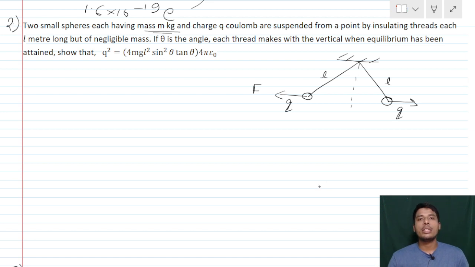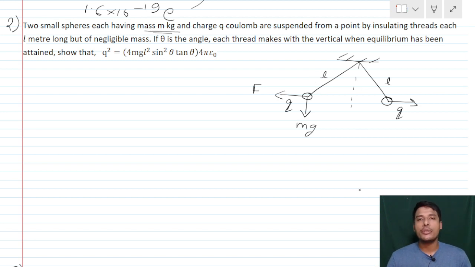So we know that if this sphere has a mass m, then there will be a gravitational force acting downwards. So that means the force is mg. If you remember the mechanics chapter in class 11, we also have this type of figure.